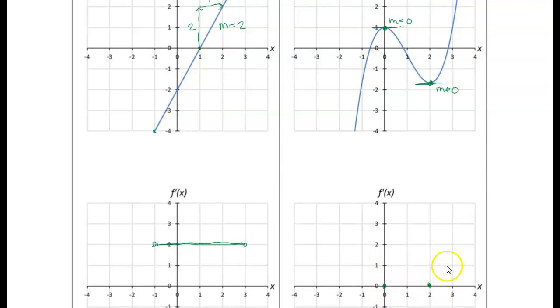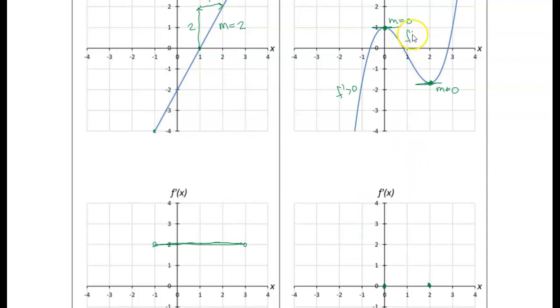Okay. And now I just want to look at where it's increasing and where it's decreasing. Now I can see that it's increasing, right? So here it's increasing, so here the derivative is greater than 0. So when I graph the derivative of the function, it's going to be above the x-axis.